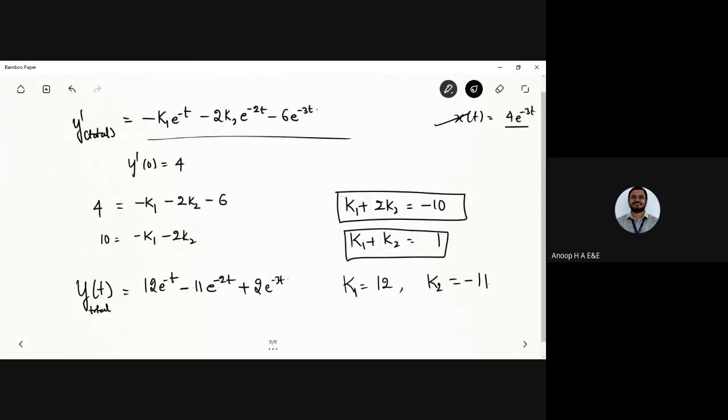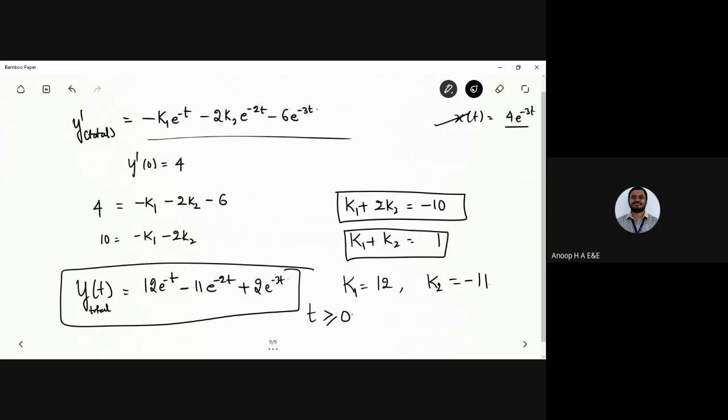So y of t is 12 e power minus t minus 11 e power minus 2t plus 2 e power minus 3t, for t greater than or equal to 0.